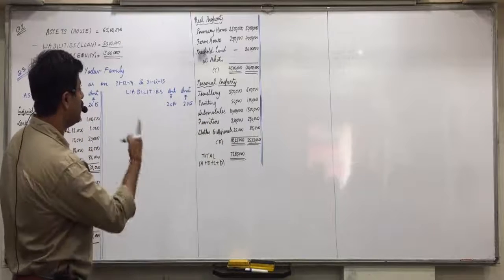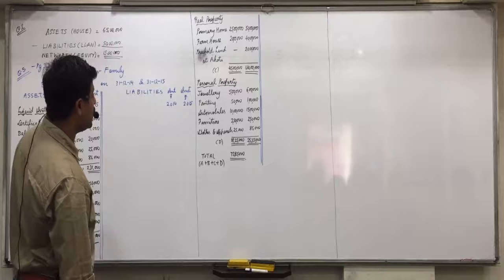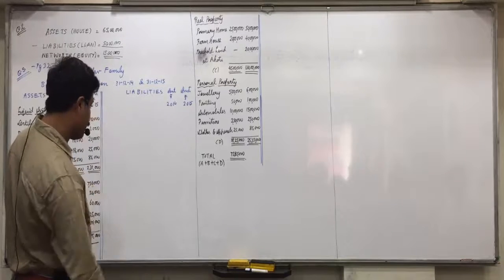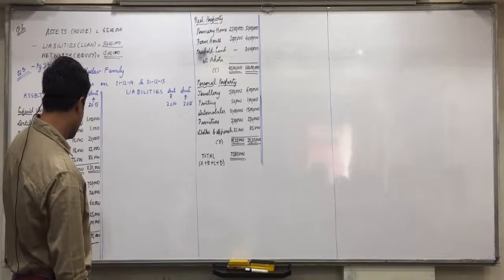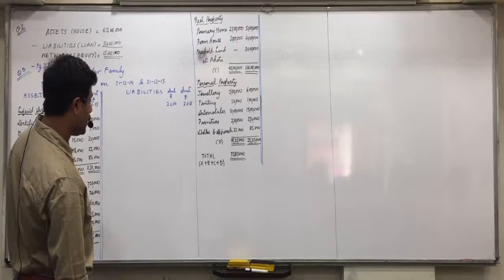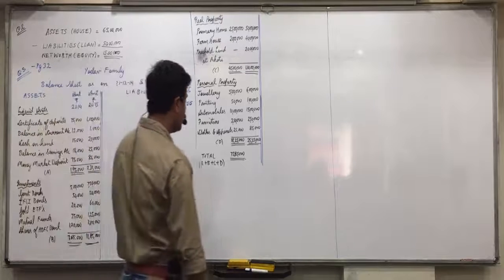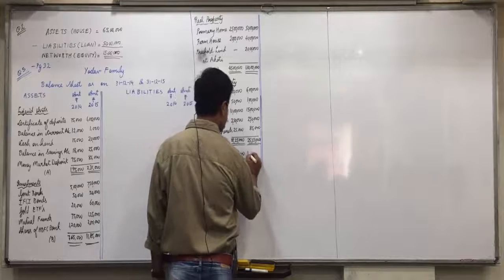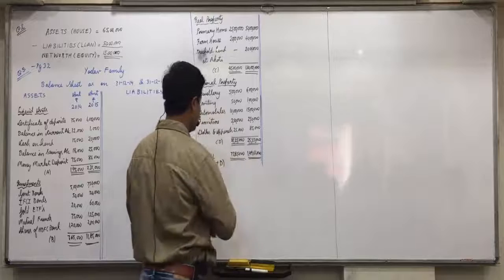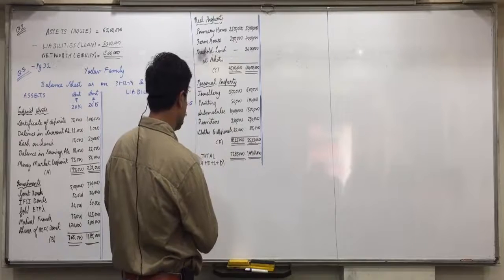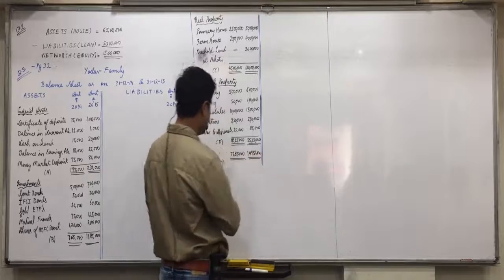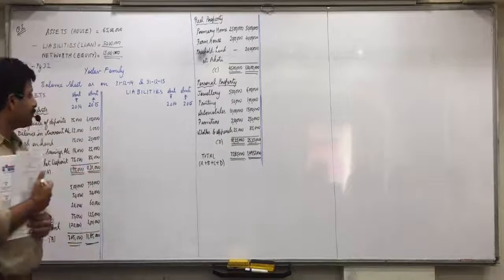So 1 crore 23, 1 crore 48, 1 crore 49 lakh 16,000, 1 crore 49 lakh 51,000. Just verify that. 1 crore 49 lakh 51,000. Is everyone clear with this?